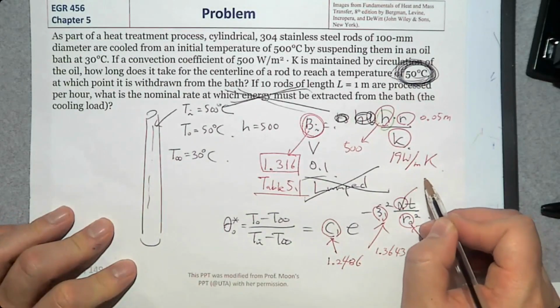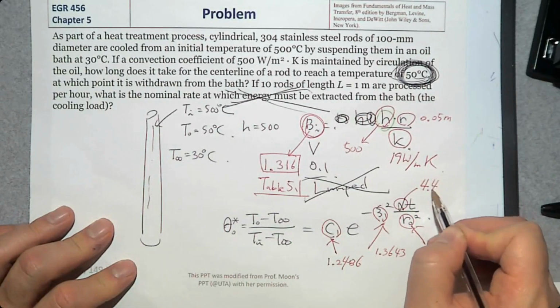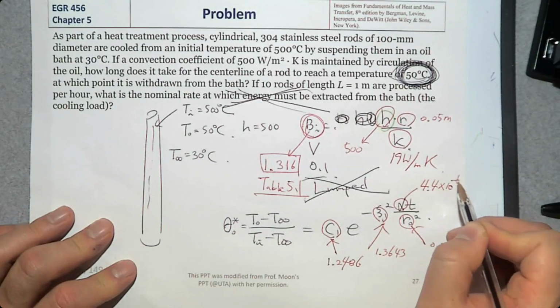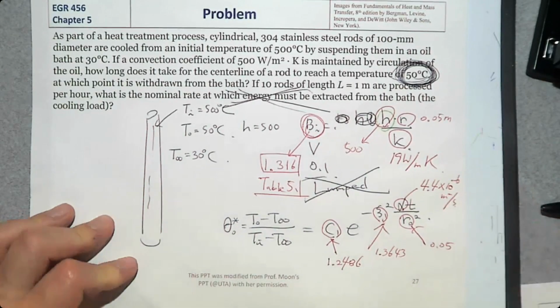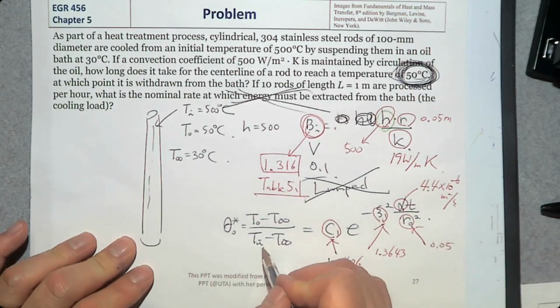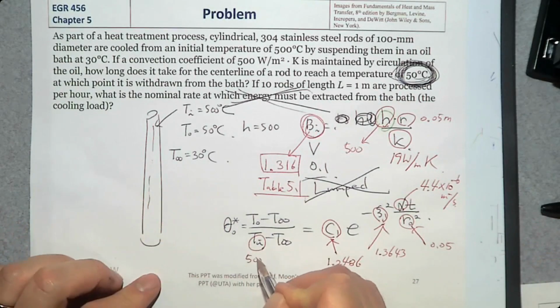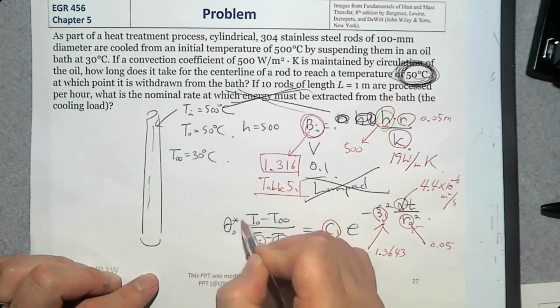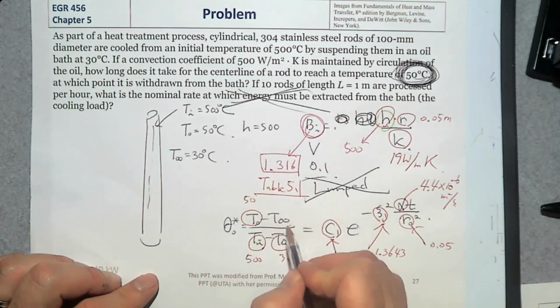Alpha is, let me give you the alpha, 4.4 times 10 to the minus 6 meters squared per second. By the way, this alpha is a material property. You can find it from a property table at the end of your textbook. I'm just providing it to save your time. Initial temperature 500, surrounding 30. The center 50, surrounding 30.